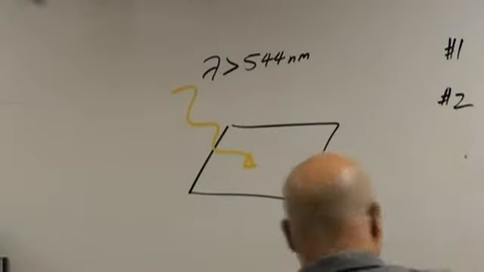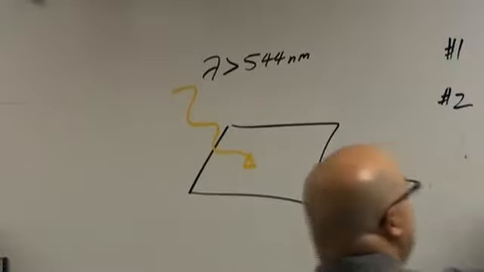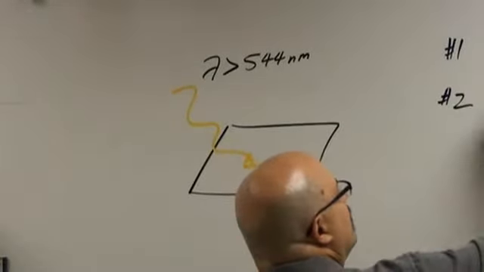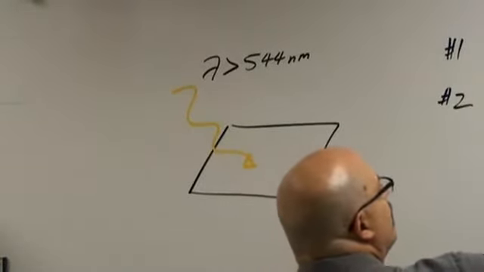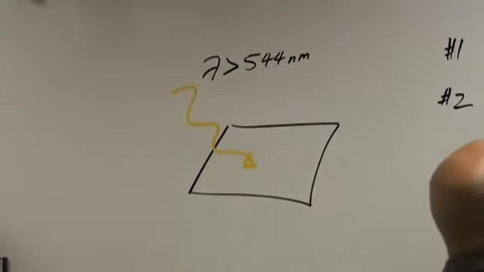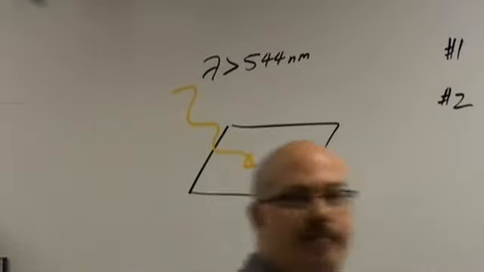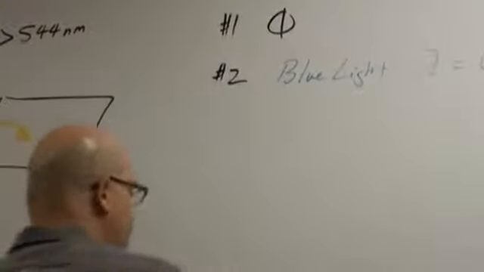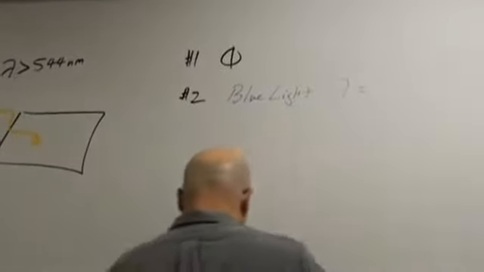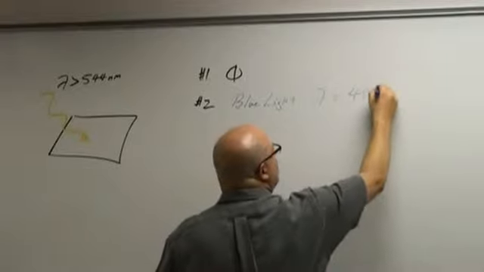Question number two is if you hit this thing with violet light. Do I have violet? Oh, I think I'm out. We'll use blue then. If you hit it with blue light of wavelength equals, let's say, 450 nanometers.